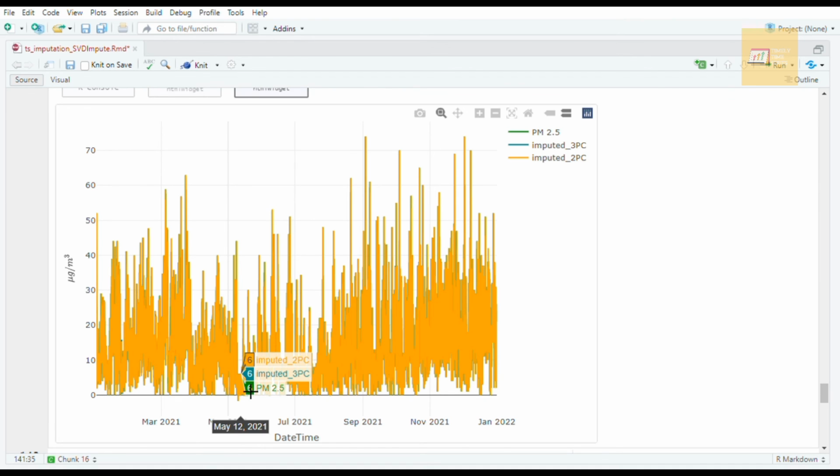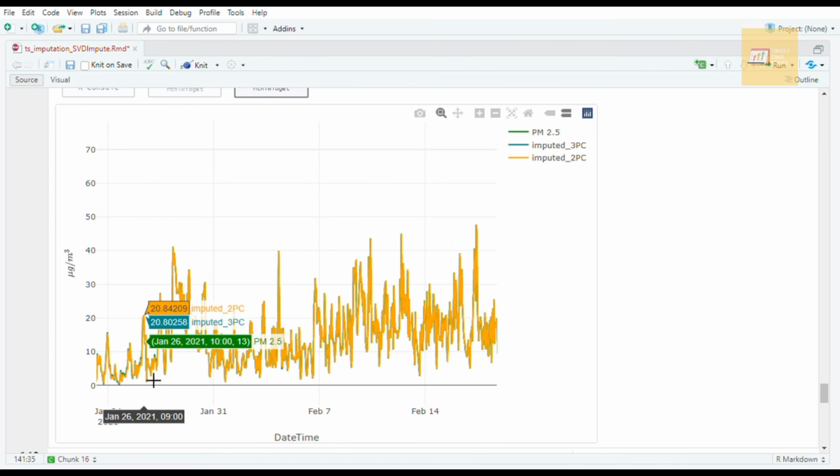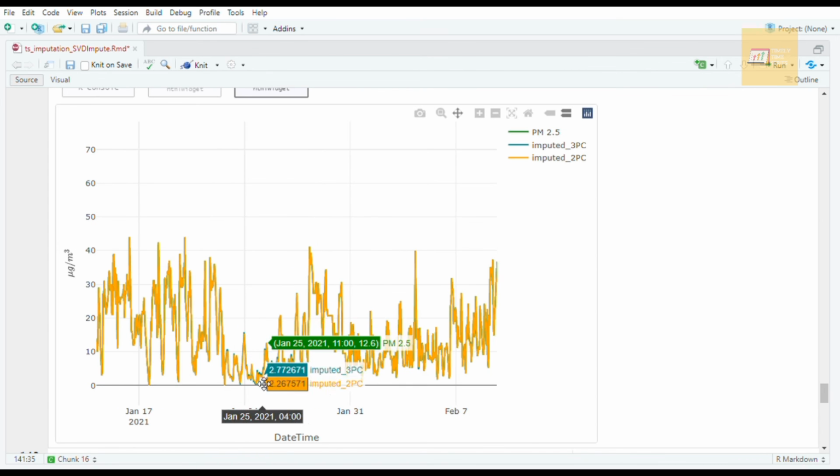I sometimes think that we really need to lean more on the visual means. Just plot them out and see if they make sense. Like in this imputation earlier, it makes sense because it doesn't look like a straight line. It can't be a straight line. We cannot have a constant PM 2.5 for 3 days or even for 2 hours, right?